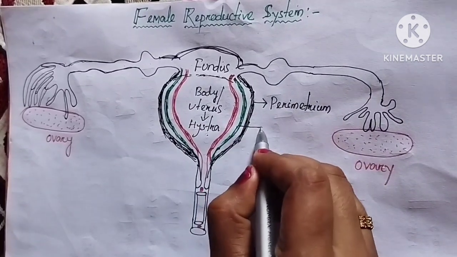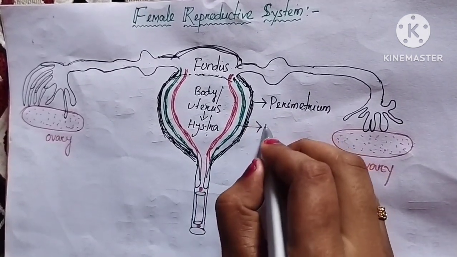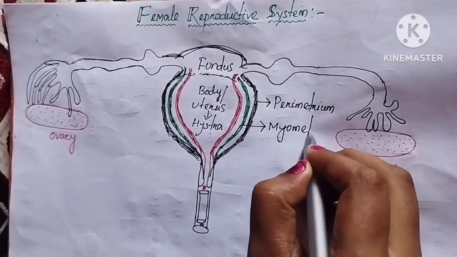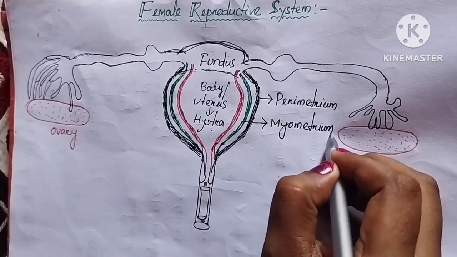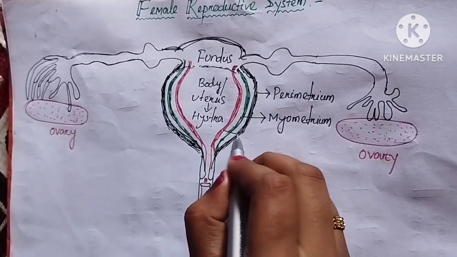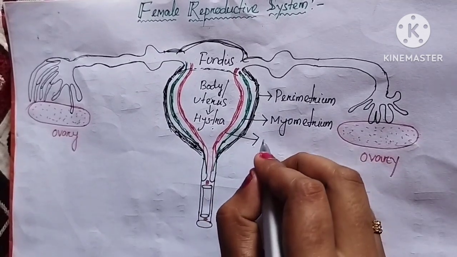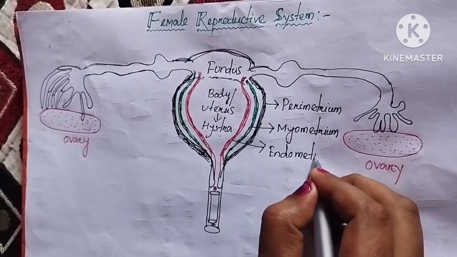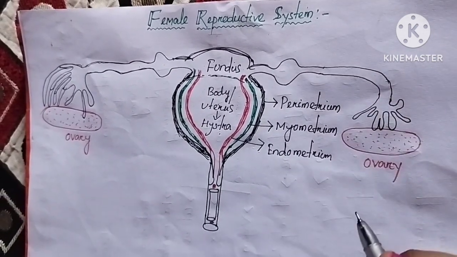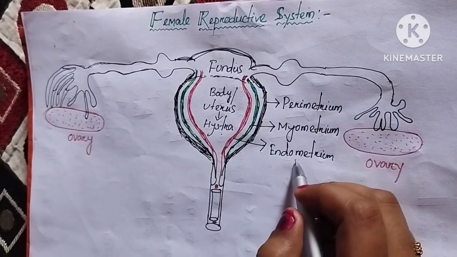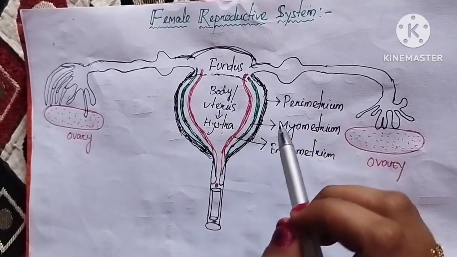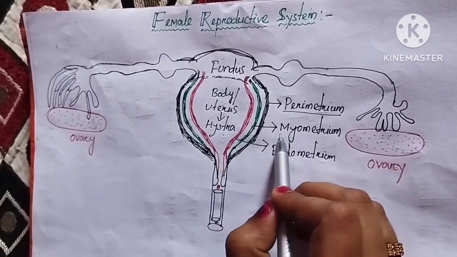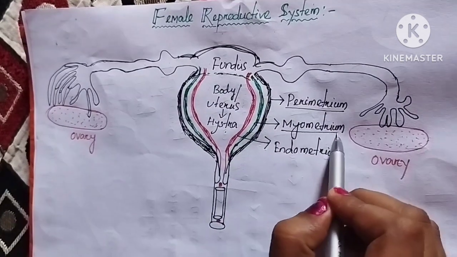The middle layer is called the myometrium.